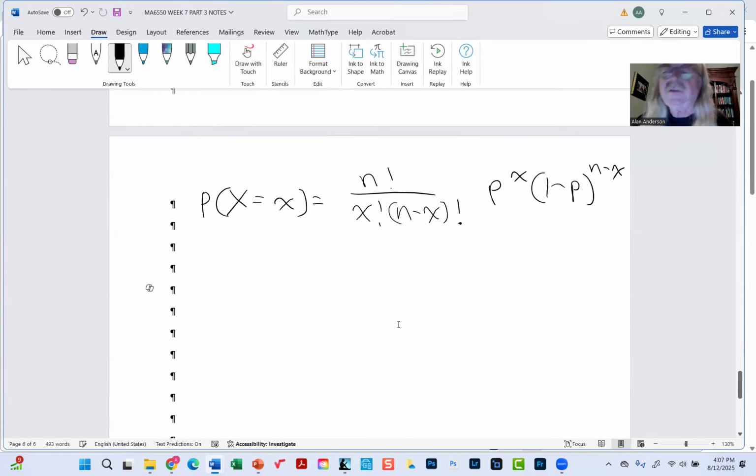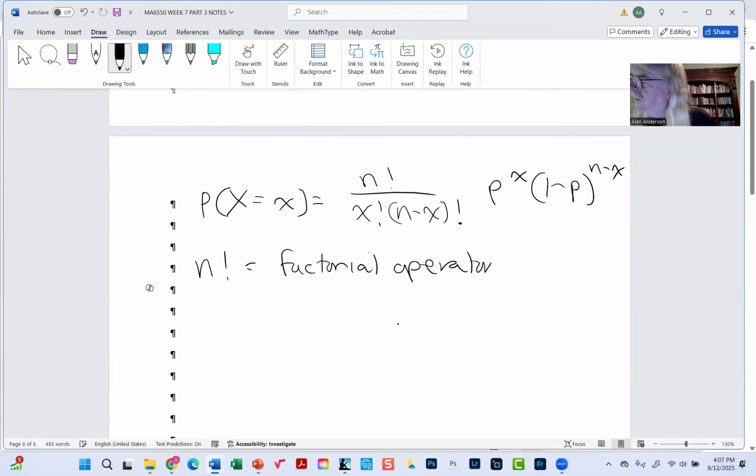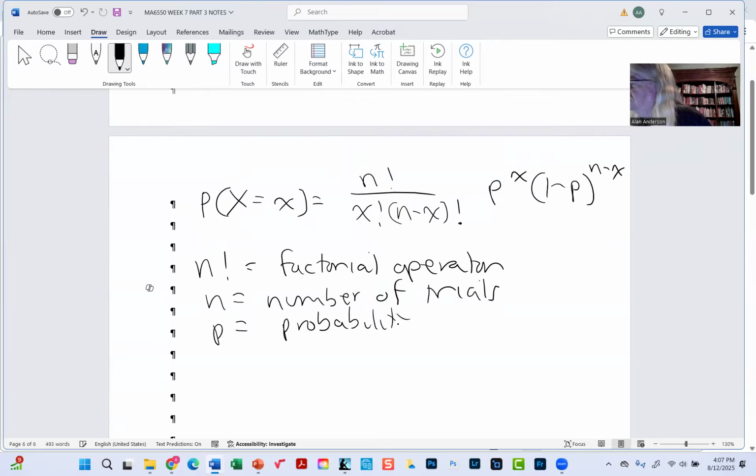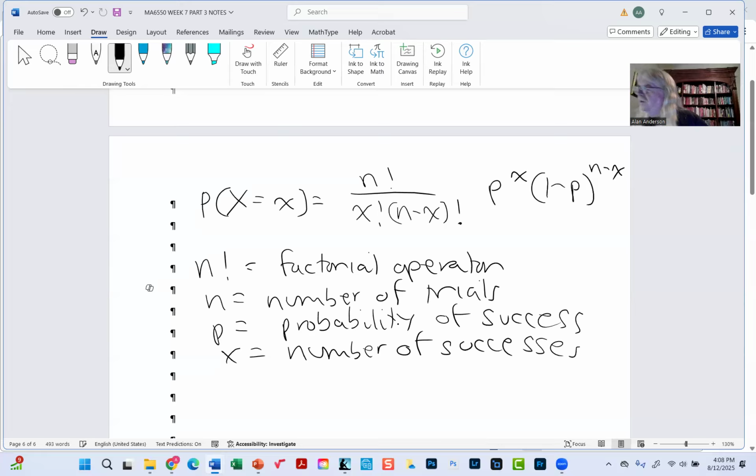And of course, you recognize the factorial operator, and the number of trials, the probability of success, and X the number of successes. Okay, so that's the binomial distribution.